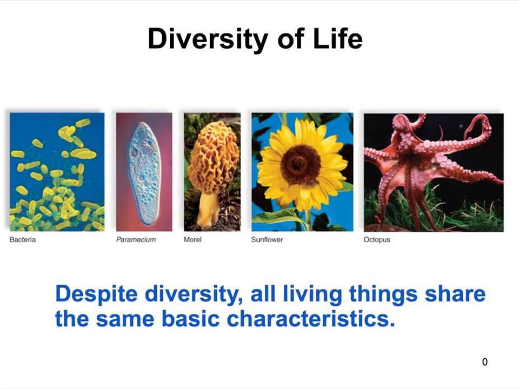So as you can see in your book, whether it's bacteria, paramecium, morel mushroom, sunflower, or octopus, all of these things are considered living organisms, and that's because they have very similar characteristics that we can go through here.